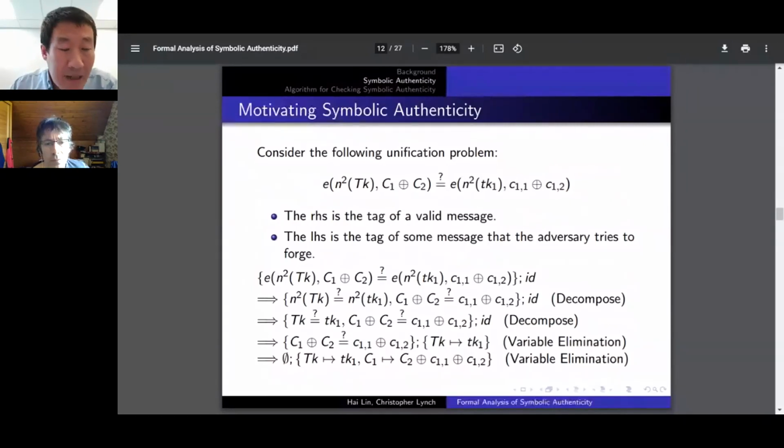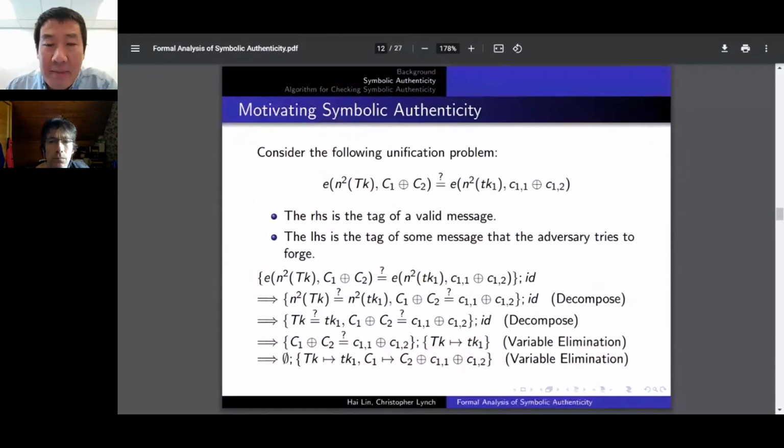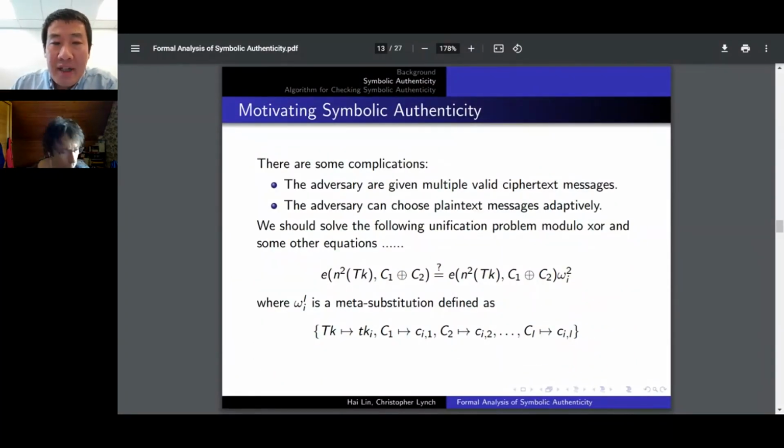But there are some complications to this problem. So first of all, the adversary is given multiple ciphertext messages, not just one. And then the adversary can choose plaintext messages adaptively. So what that means is that the adversary sends the first plaintext message and gets back the first ciphertext message.